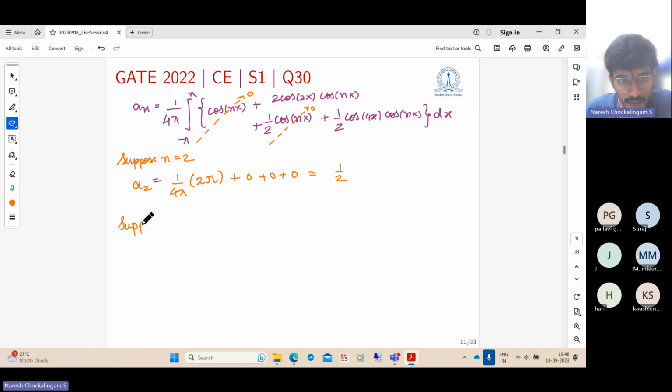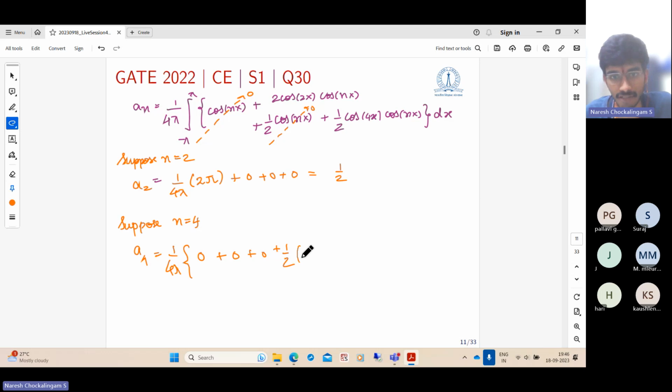And now suppose n equal to 4. What is a4? First term vanishes. So you have 1 by 4 pi. Second term, you have cos 2x cos 4x. So 2 is not equal to 4, so that term also vanishes. This term vanishes. And here you have plus half times integral cos square 4x.